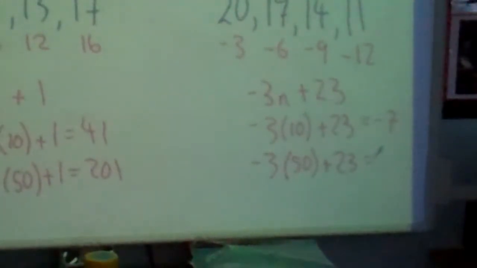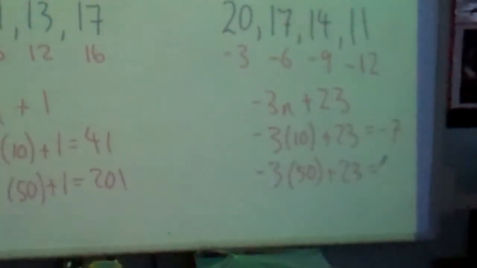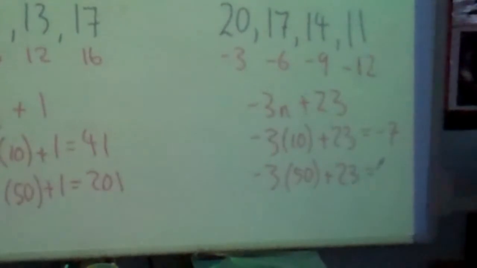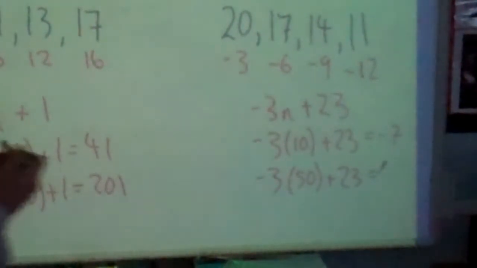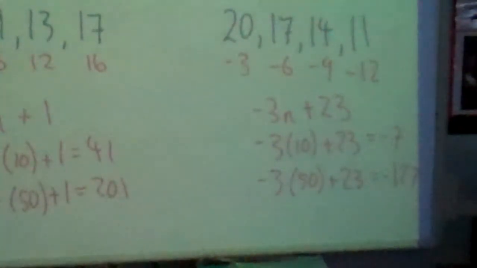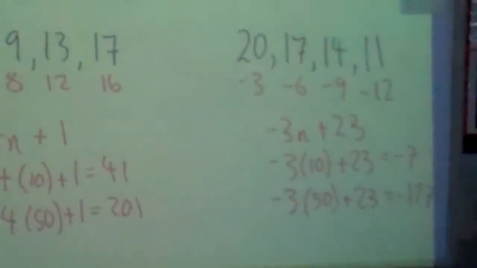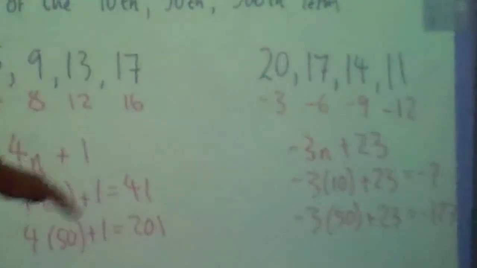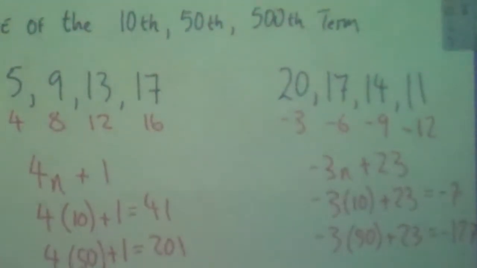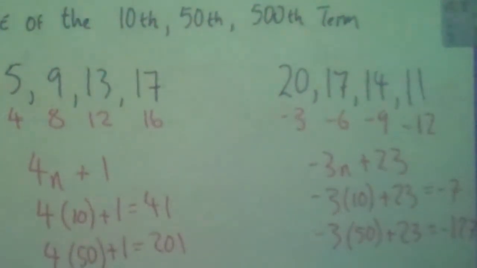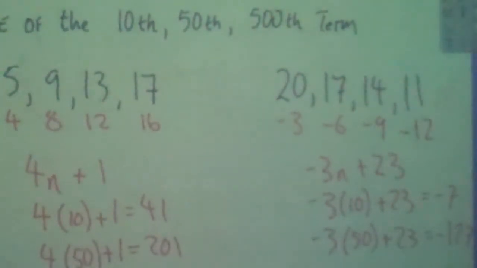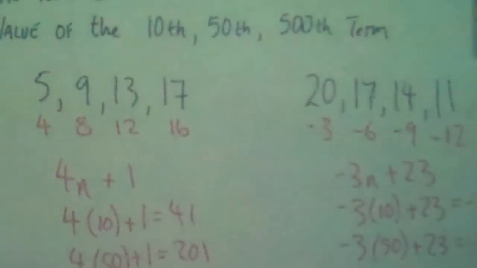So minus 3 times 50 is minus 150, plus 23 is equal to minus 127. We can apply the same to the 500th term, where we substitute 500 into the sequence and come up with our value for that term also. And that's how you find the nth term and apply the nth term.